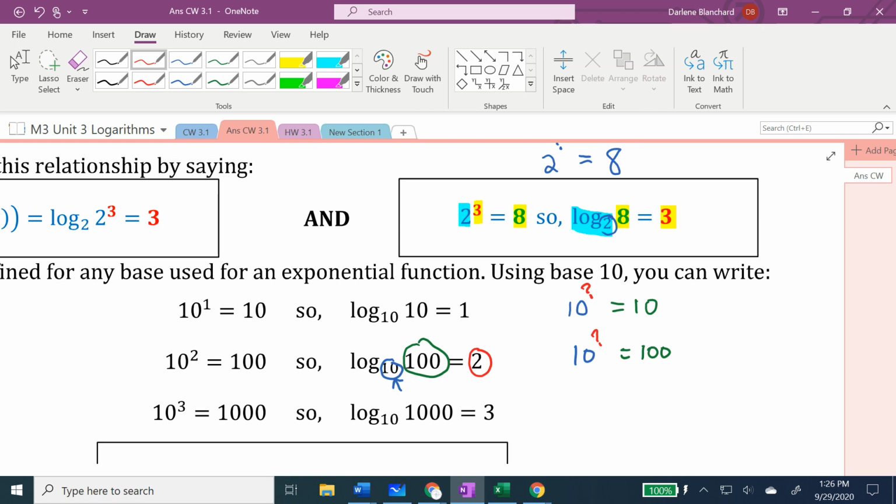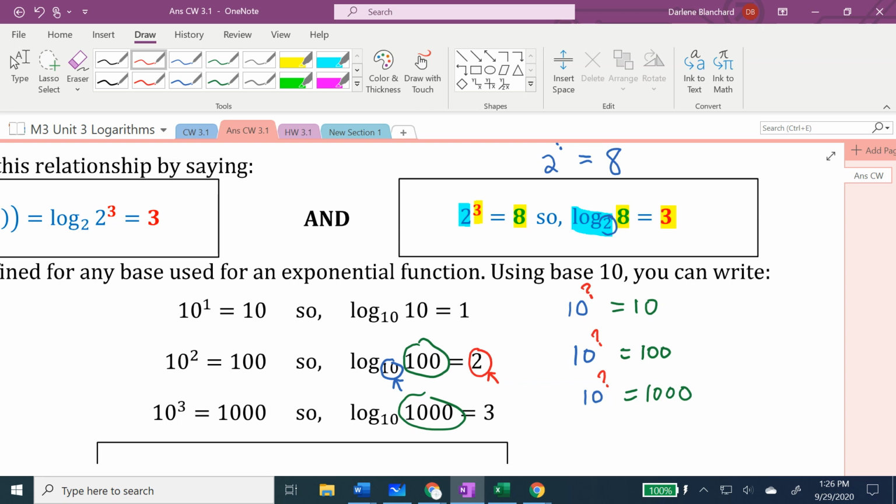So 10 to what power is 100? And then you see 2, and you get that as an answer. And then again, we have 1,000. If 1,000 is the input on my logarithm, what it's asking is, what exponent do I need to put on a 10 in order to get 1,000? And then you see 3.